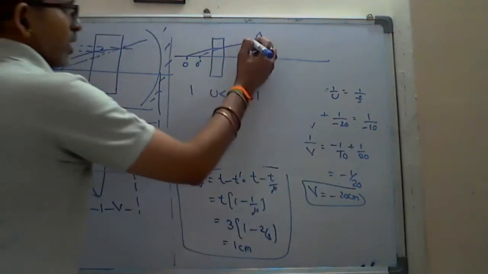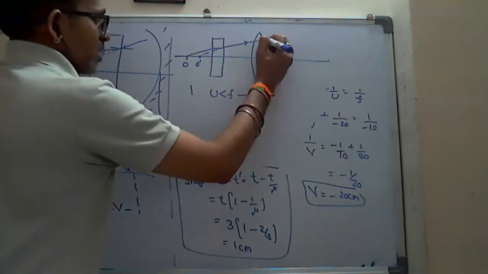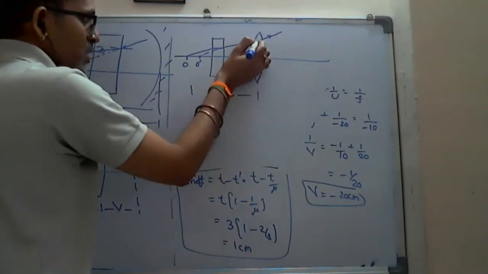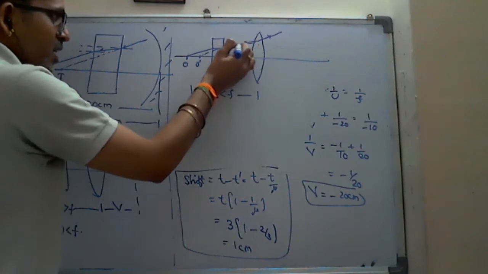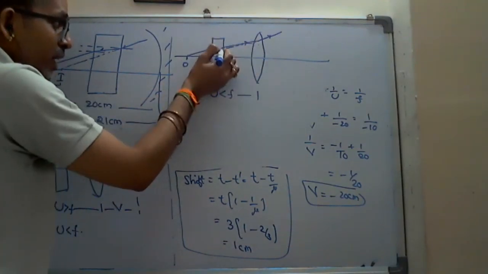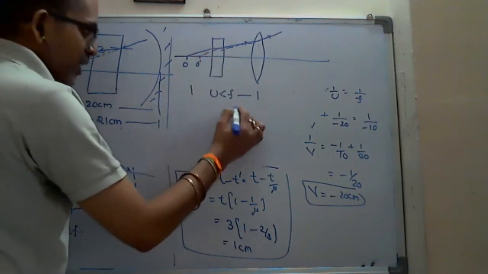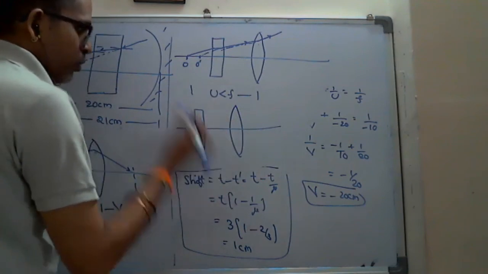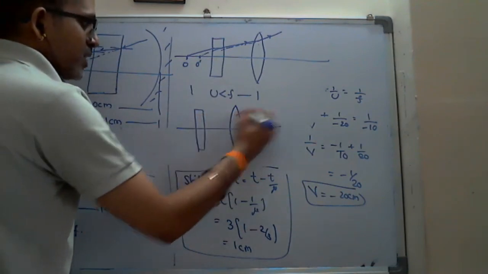Suppose after refraction, the light ray goes not towards the principal axis but away from the principal axis. Look at here, sir. If I extend this, again I am passing that light ray through the glass slab. So if I take the glass slab here, after refraction it is going like this.